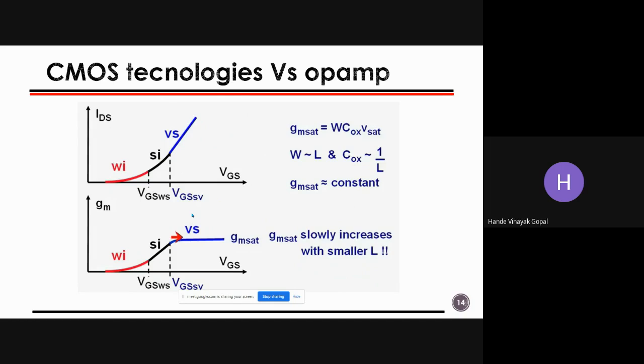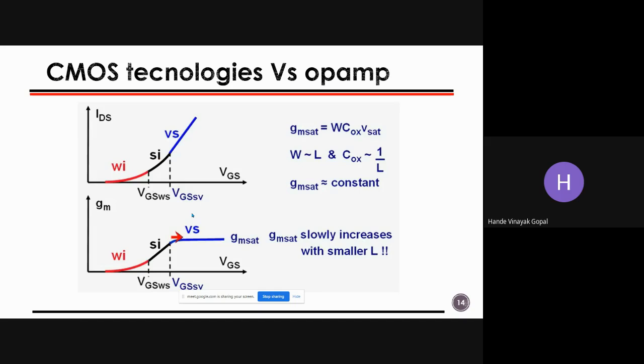What we can conclude from these three slides is that as I reduce the technology node, my gm will start reducing. And even if I want to increase VGS to increase gm, it is not possible because it is limited by the technology node itself. Fundamentally gm is a constant value even if I increase VG, so it is really a tough task to break this scenario.